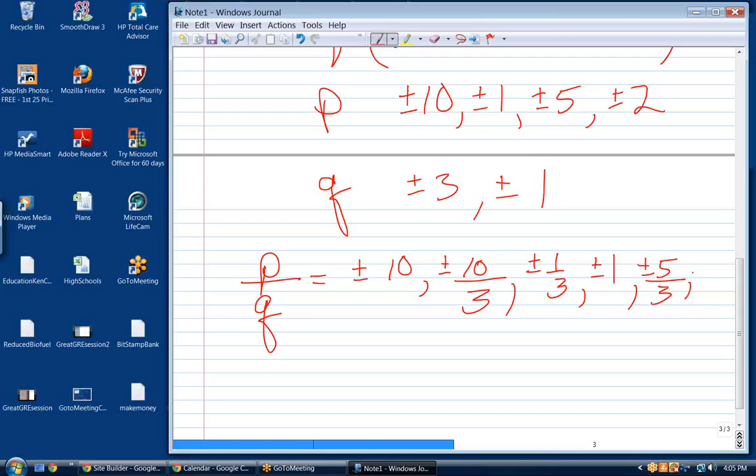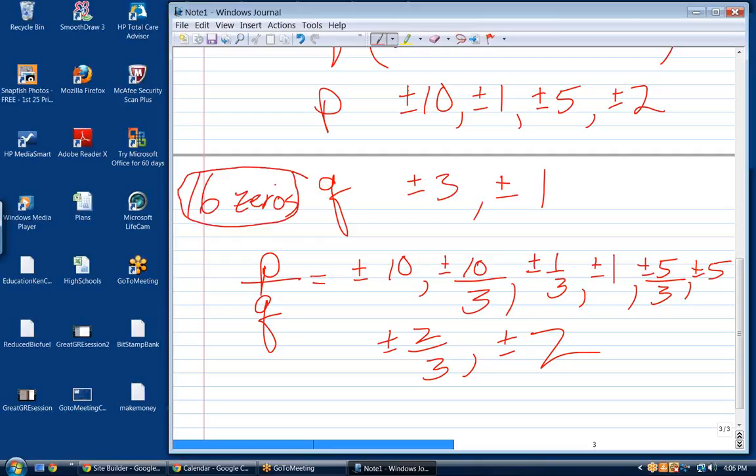Plus or minus 5. And plus or minus 2 over 3, or plus or minus 2. Now you can begin to see why this is such a difficult thing. Because we basically have 1, 2, 3, 4, 5, 6, 7, 8, 16 possible zeros. And the only way to figure out which one is to start going through and doing synthetic division.